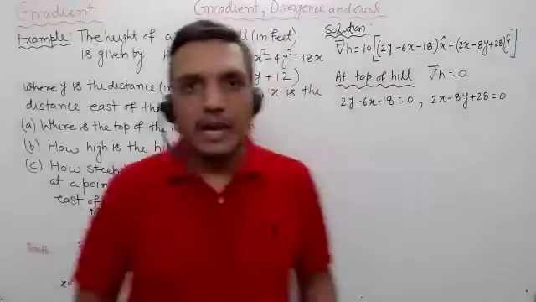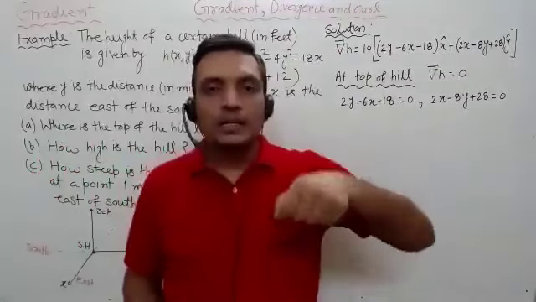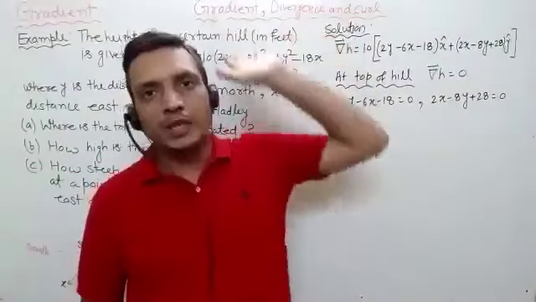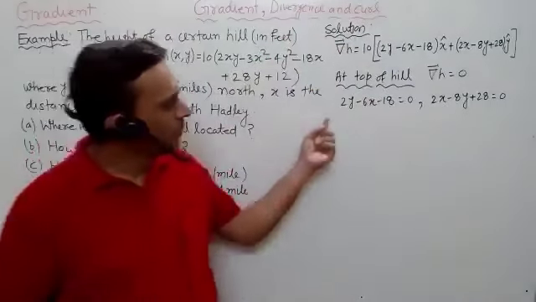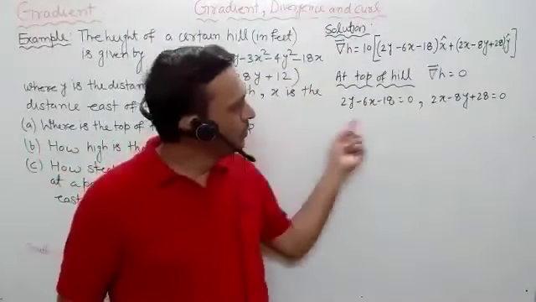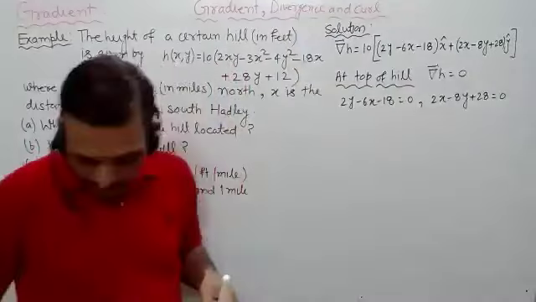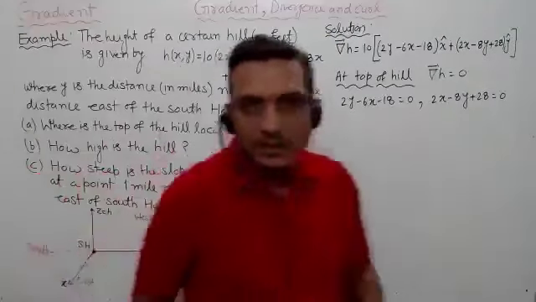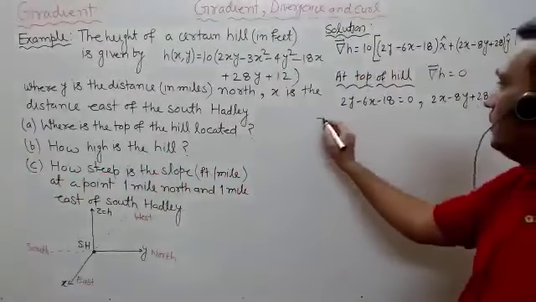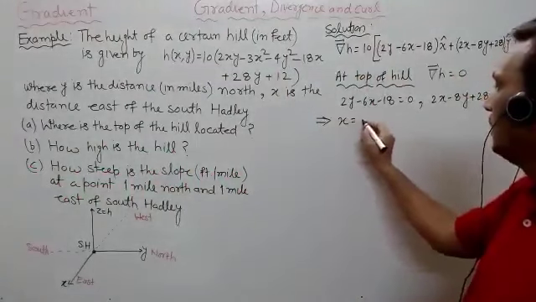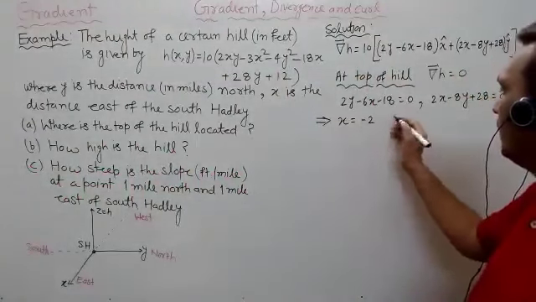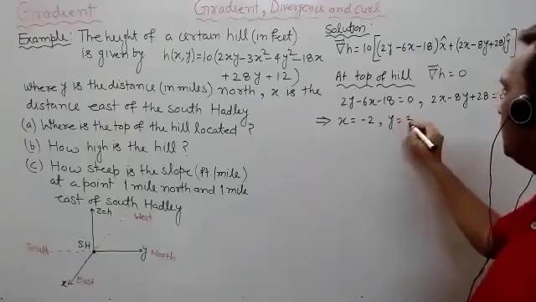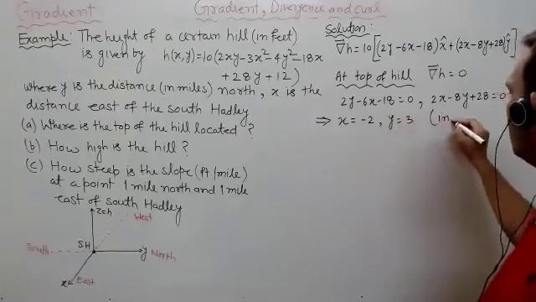Now solve for x and y, and you will get the point where the top of the hill is located. So just solve for x and y. You will get x is minus 2 and y is 3. Both are in miles.